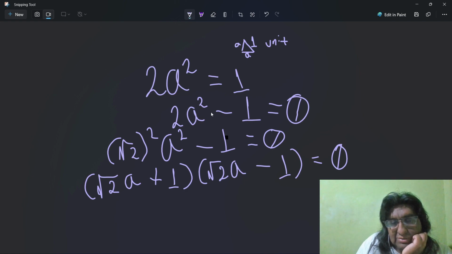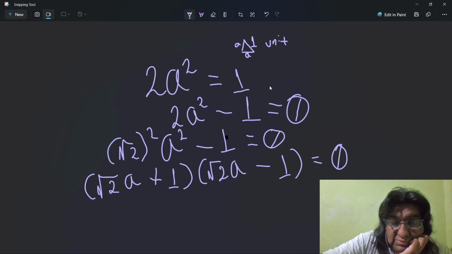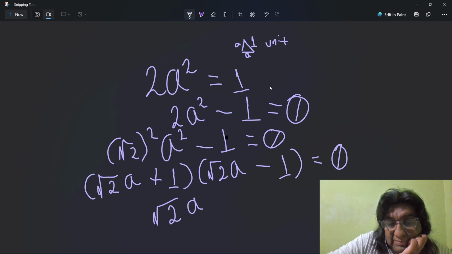And now how can you find the actual value of a? You will start by establishing one of these as 0. I will choose this one, square root of 2 times a.